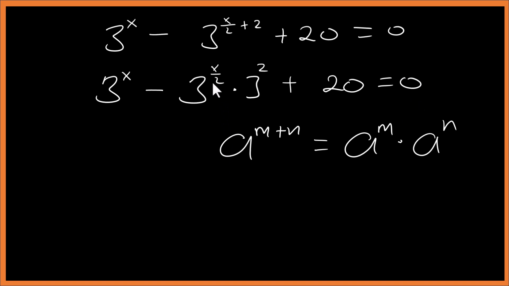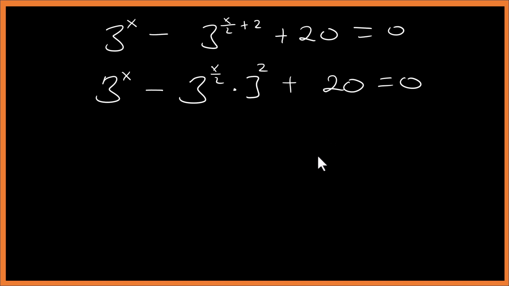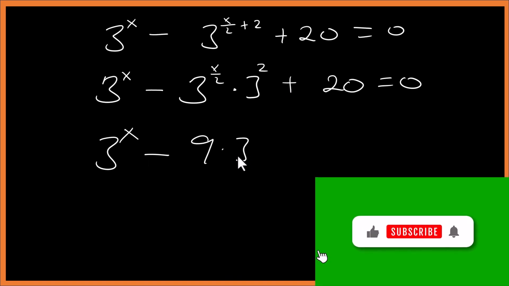If you perform indices, you get 3 raised to x minus 9 times 3 raised to x on 2, plus 20 equal to 0.